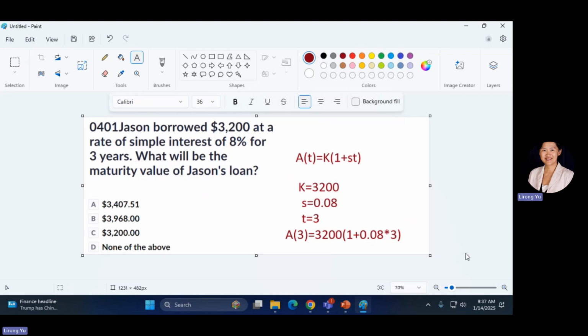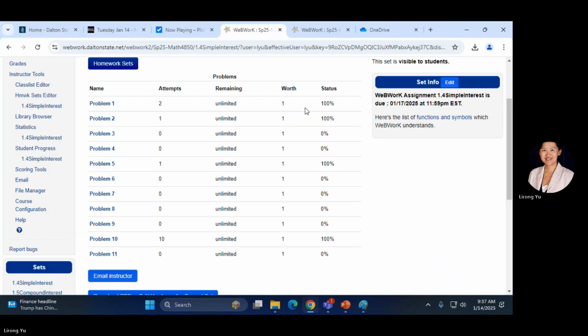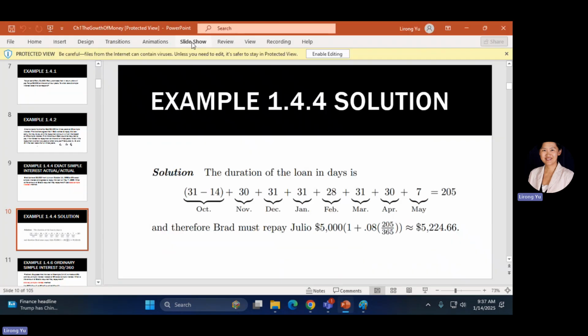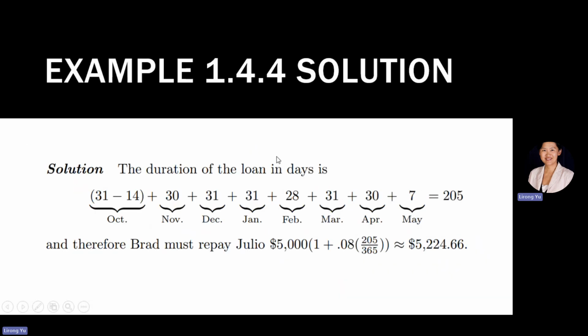That's section 1.4 that we're doing. Answer is B. All right, so for today, we're going to continue where we left off.